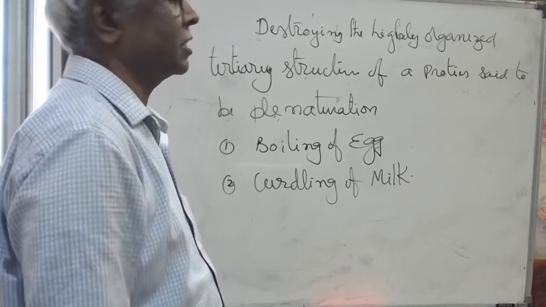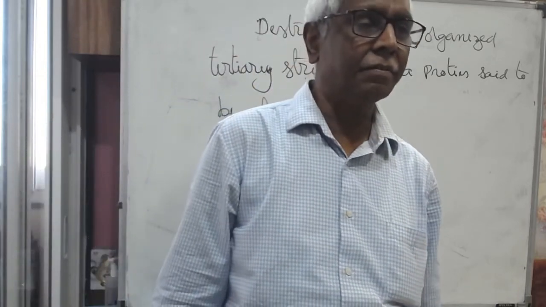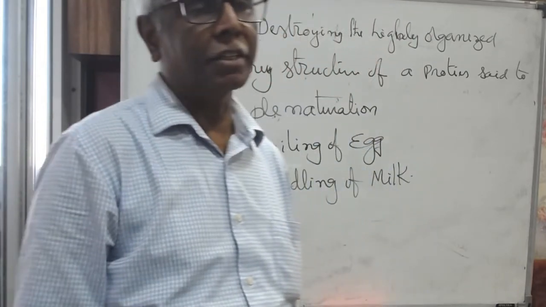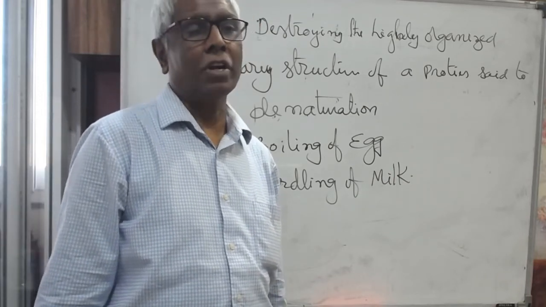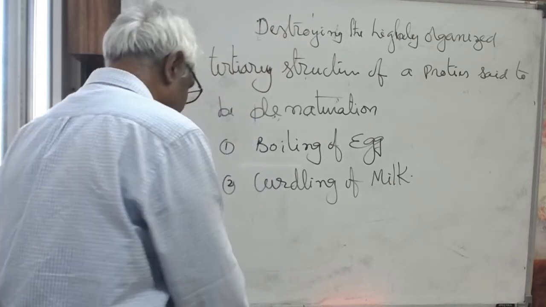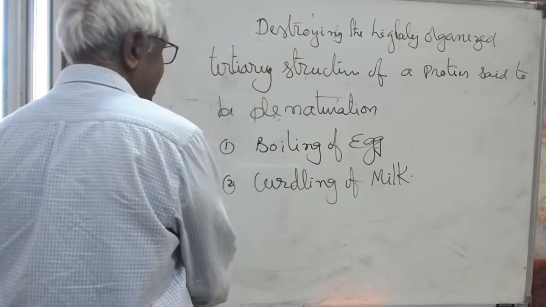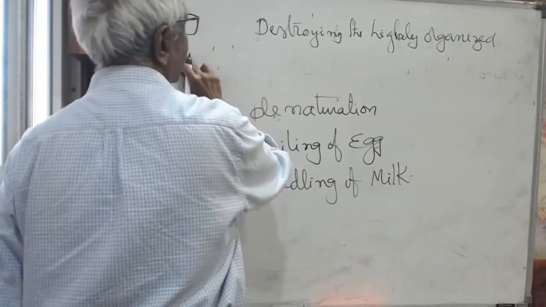During denaturation, the primary structure of the protein is not changed. The secondary, tertiary or quaternary fine structures are destroyed, so the protein loses its biological activity. But the sequence of amino acids is not changed in the macromolecular chain.